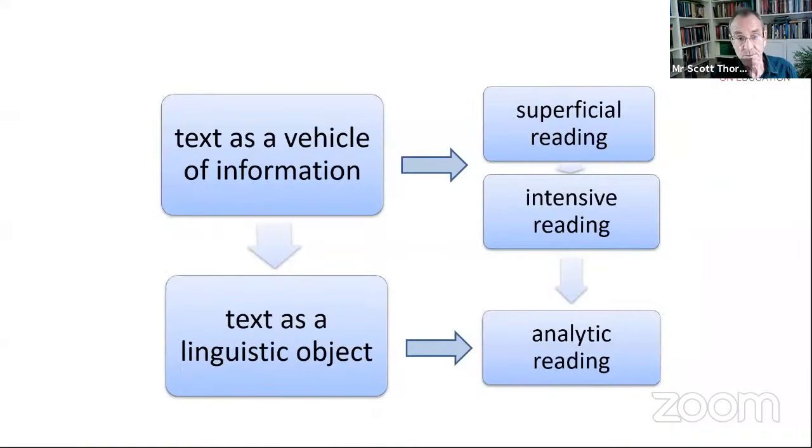Okay, so to sum up, this is my model for a text-based lesson, where we start off with the text as a vehicle of information. We think of it as an onion, and we take off the layers one by one.